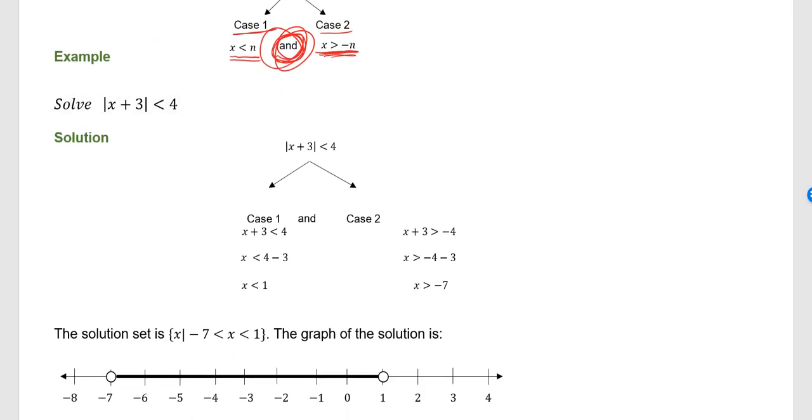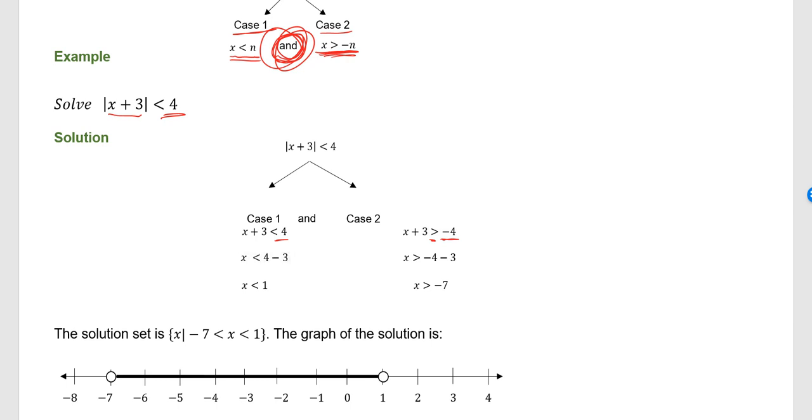So solve the absolute value of x plus 3 is less than 4. So we write out our two cases, right? Case 1 we have x plus 3 is less than 4. In case 2 we have x plus 3 is greater than minus 4. Okay? Then just solve each case for x.